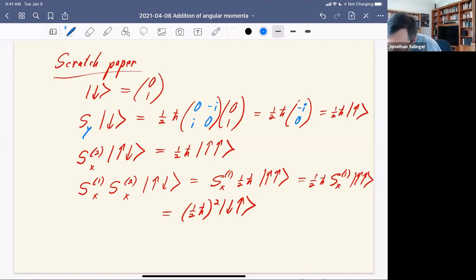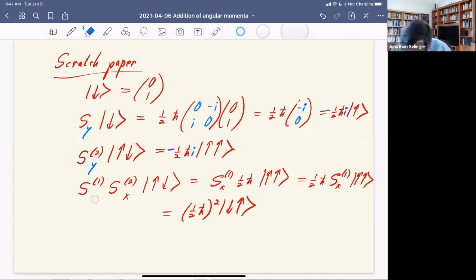So that means we get this extra factor of negative i, not positive i. So S2y acting on the up, down state gives us negative a half h bar i times up.